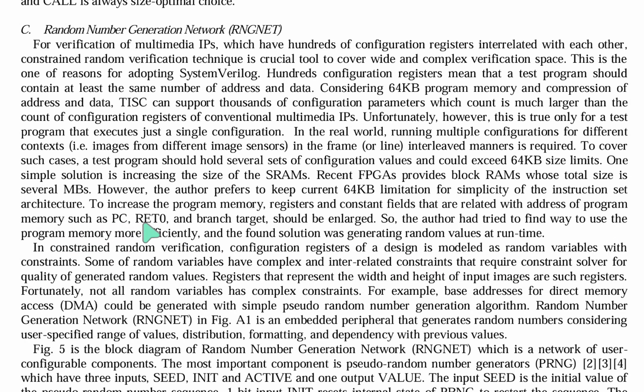To enlarge the program memory, registers and constant fields that are related to the address of the program memory, such as PC, RET0, and branch target, should be enlarged. So the author tried to find a way to use the program memory more efficiently and found that the solution was generating random values at runtime.